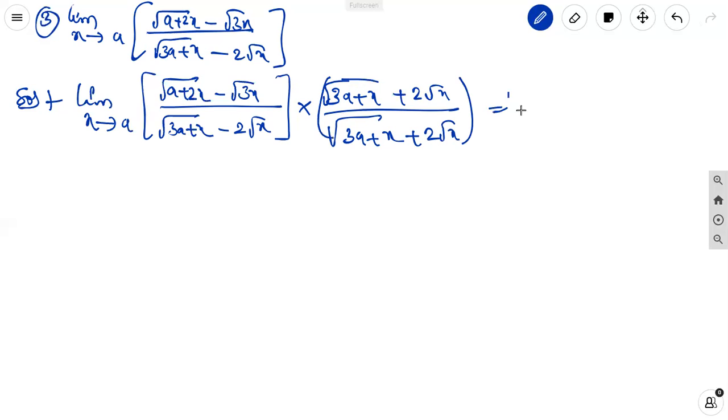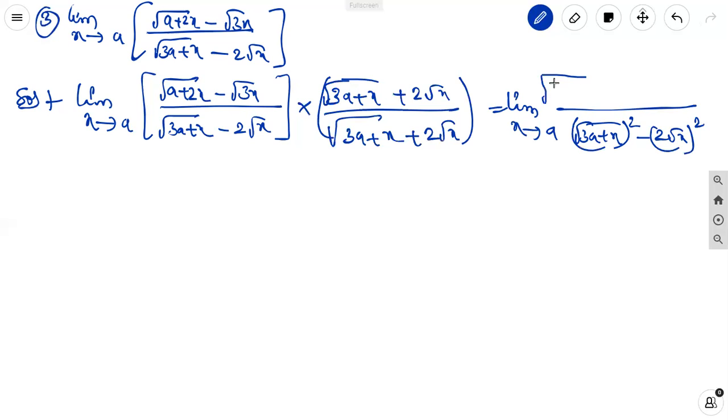That is equal to limit x tends to a, the denominator: (root 3a plus x) whole square minus (2 root x) whole square, with the numerator (root of a plus 2x minus root 3x) into (root 3a plus x plus 2 root x).